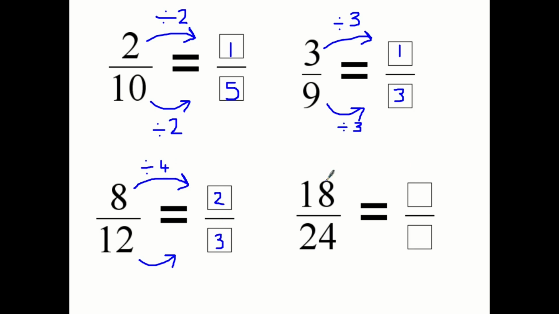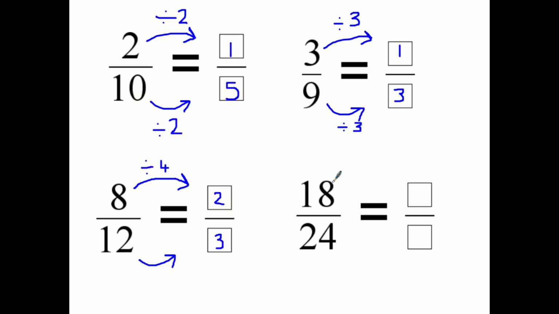Similarly here, some people might think, well, I can divide top and bottom by 2 to get 9/12, but then you would have to divide by 3 after that to ensure that you got it in its fully simplified state. Well, how do we simplify it fully?